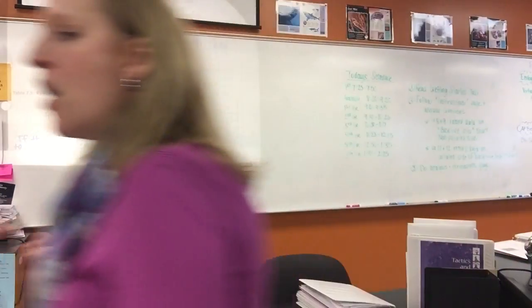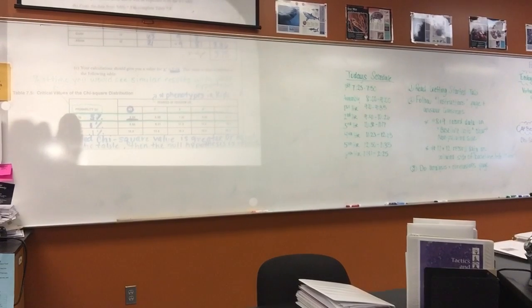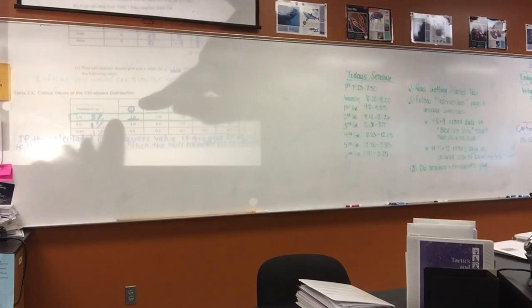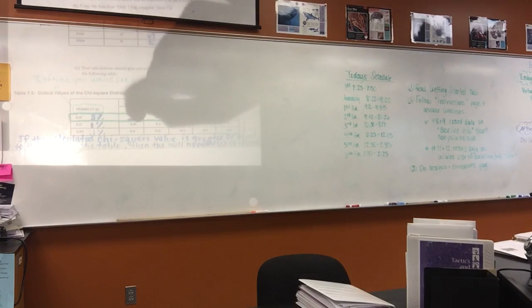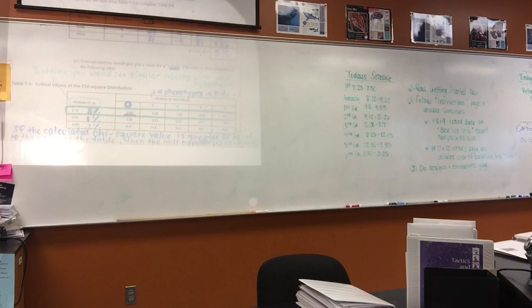When looking at this, we're concerned about the 0.05 p-value, and our degree of freedom is 1. Where these meet, this number here is the number that's important to us, this 3.84. What we're going to do is take our chi-square number and compare it to this number, 3.84.